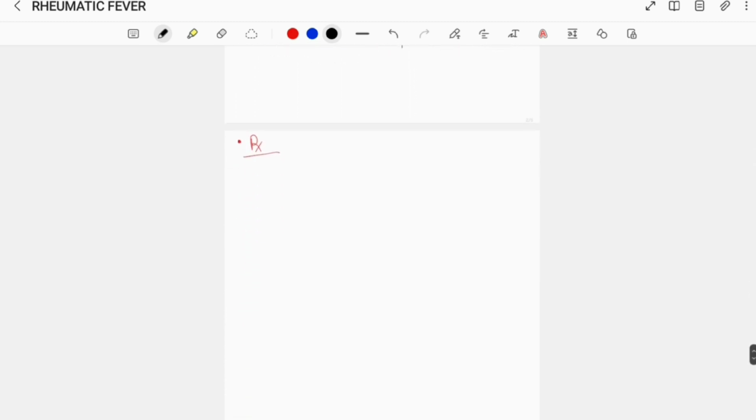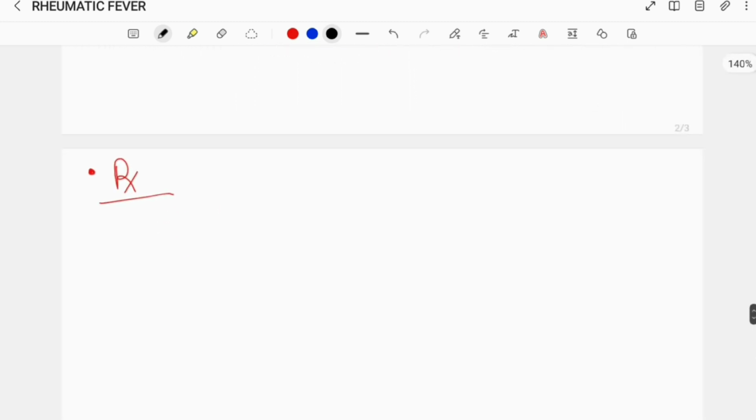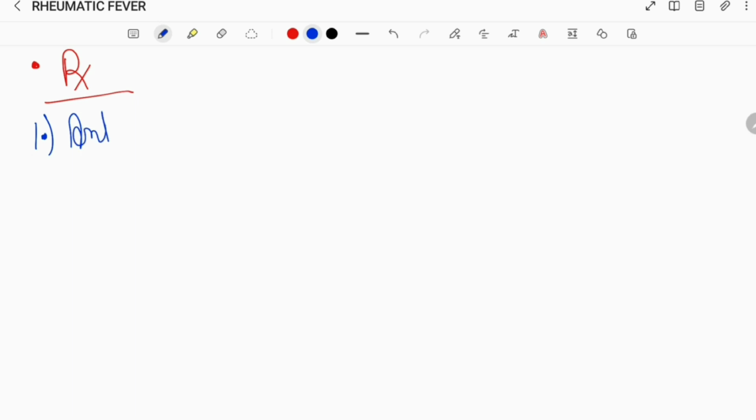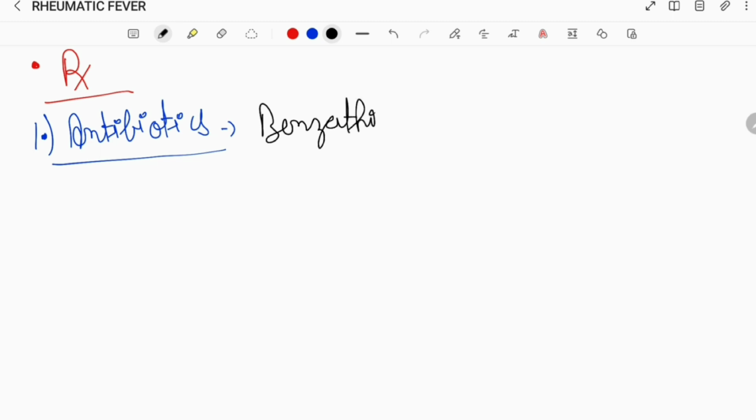Next, what becomes important is the treatment of rheumatic fever. Treatment involves, first and foremost, antibiotics. And here the antibiotic that we usually prefer is benzathine penicillin.